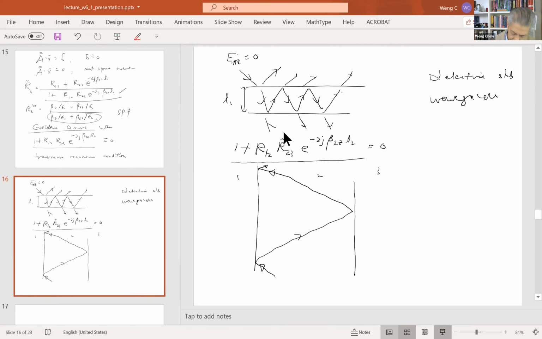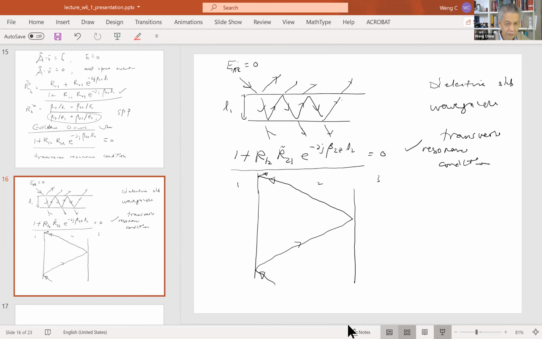And what this equation says, which is the transverse resonance condition, is that if a wave is to be guided, this has to also be zero, but it also has other physical significance.